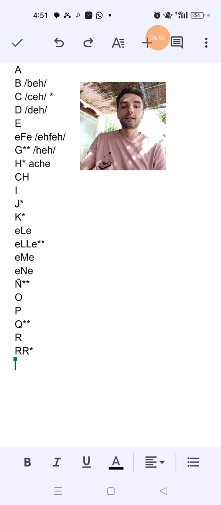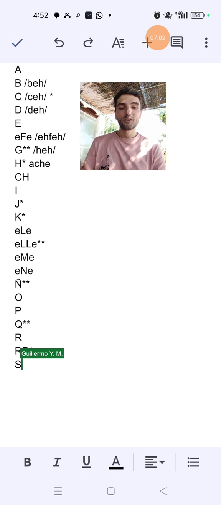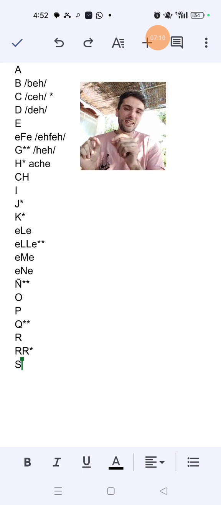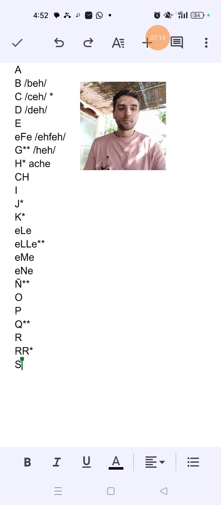We will see it later. So R, double R, S. You remember that I said before, like the names that start with an E, like S. In Spanish, we just keep the E again, S. Okay, that's T.